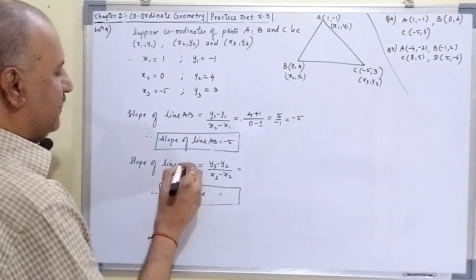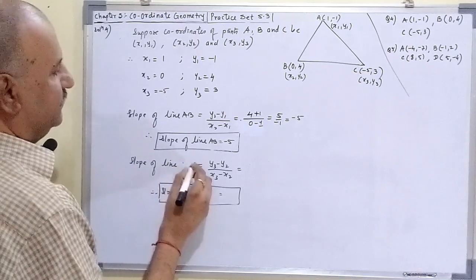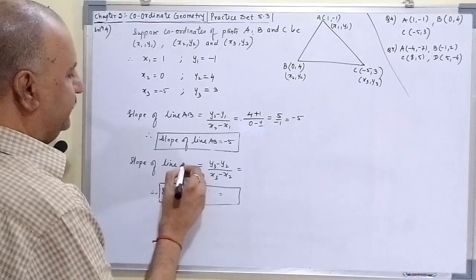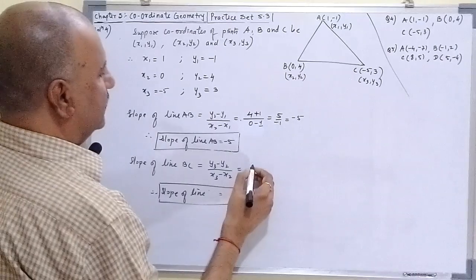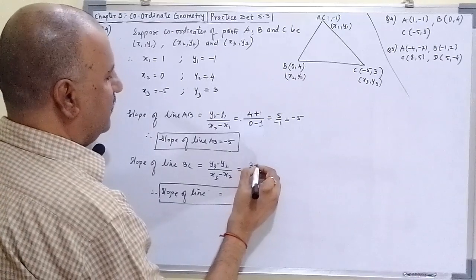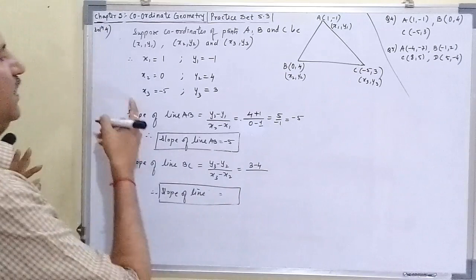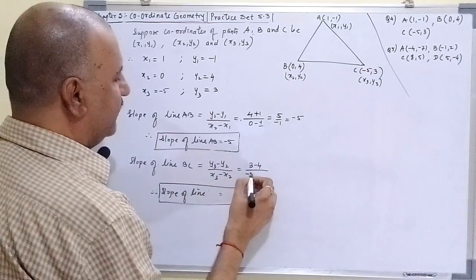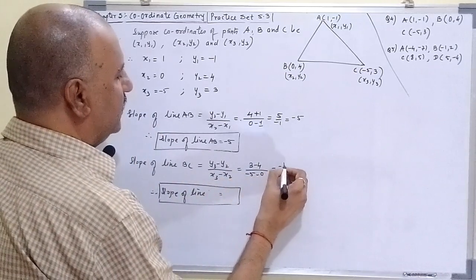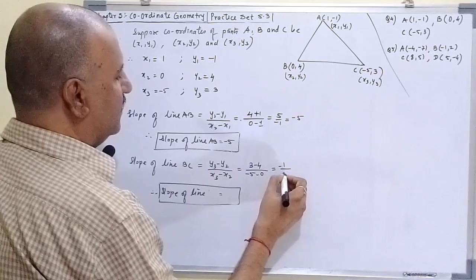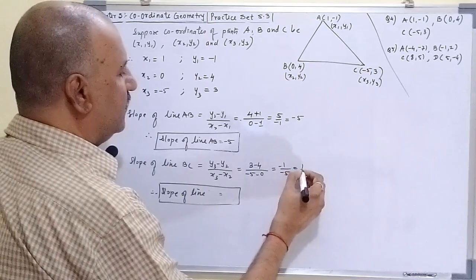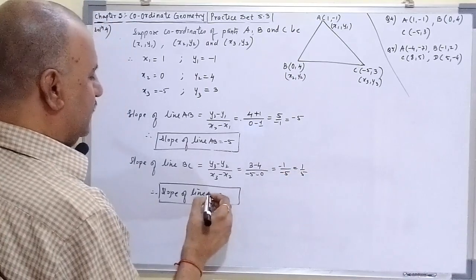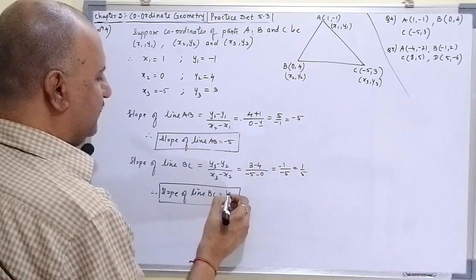Now let's take slope of line BC. y3 minus y2, so it will be 3 minus 4, and this will be minus 5 minus 0, which is minus 1 upon minus 5. This will be 1 upon 5. Slope of line BC is 1 upon 5.